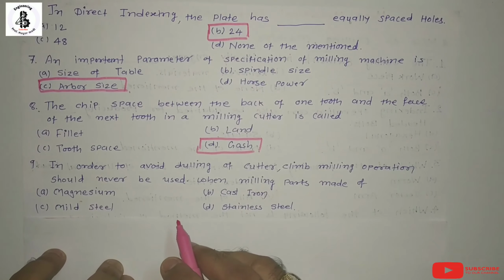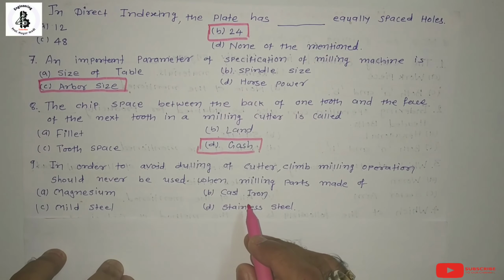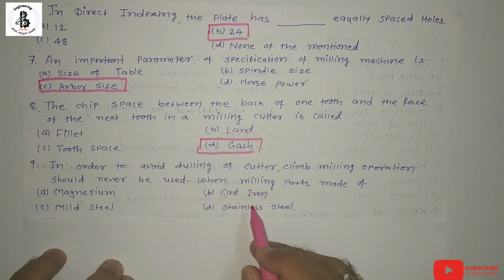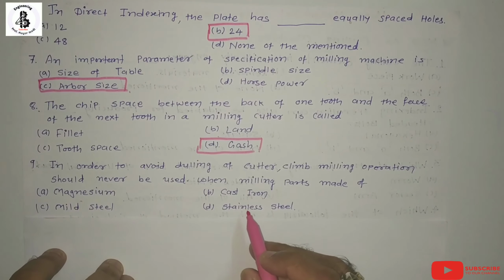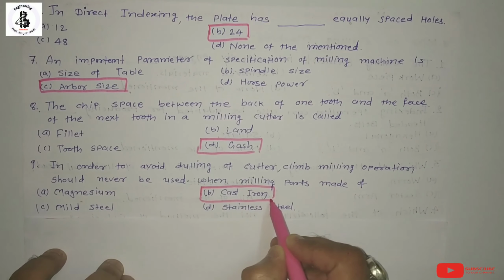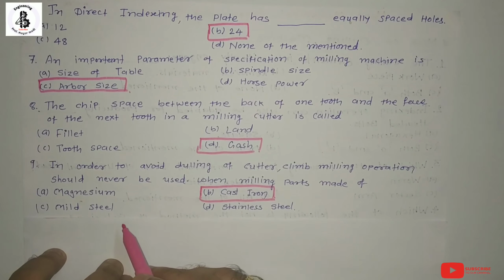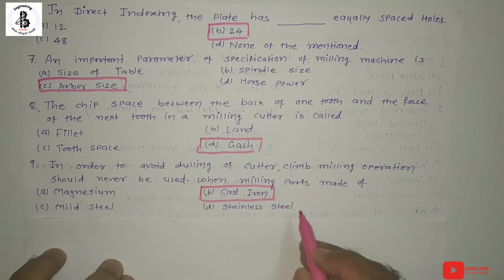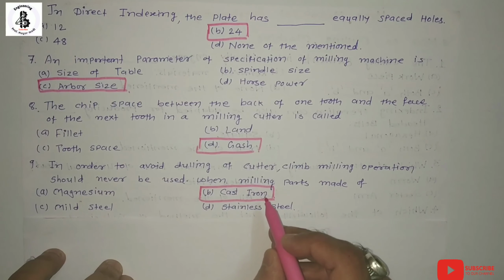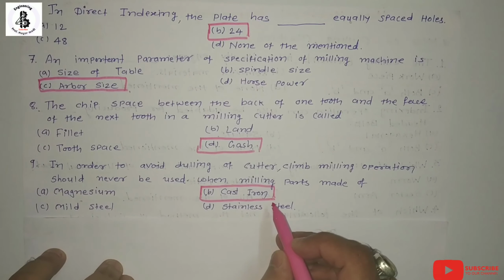So basically, to avoid dulling of the cutters, climb milling operations should never be used on cast iron materials. So the option B, because that is considered a brittle material. The rest of the materials like magnesium, mild steel, and stainless steel are ductile materials, so that can be used. But that will not be possible with cast iron.